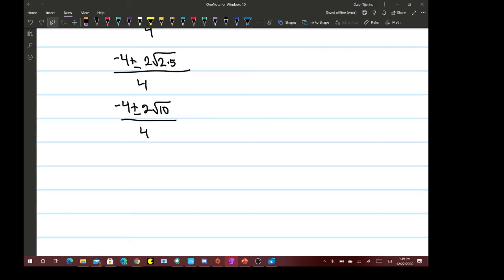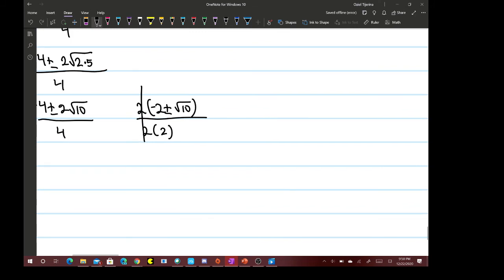So you can say this is 2 times negative 2 plus or minus square root 10, over 2 times 2. This cancels out. So then you're left with negative 2 plus or minus square root 10 over 2.